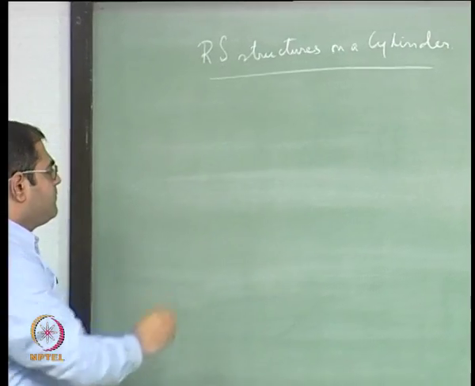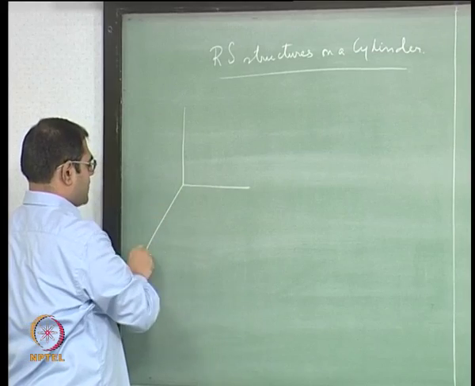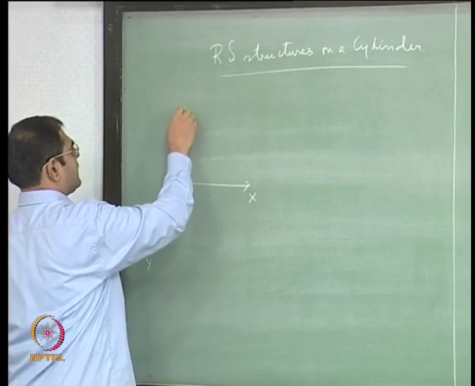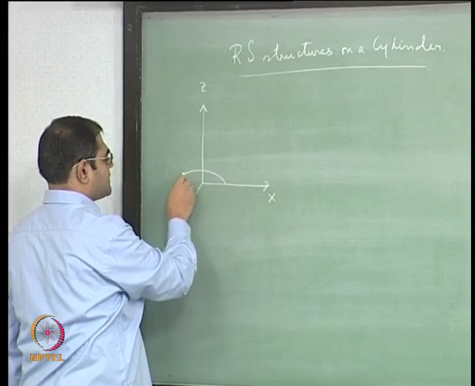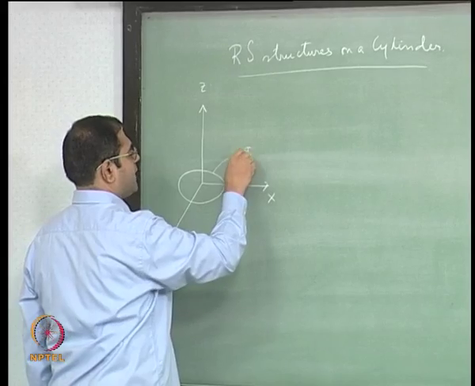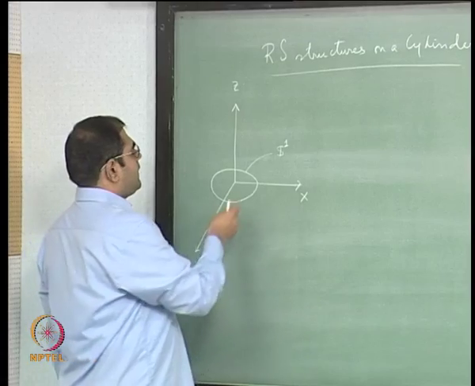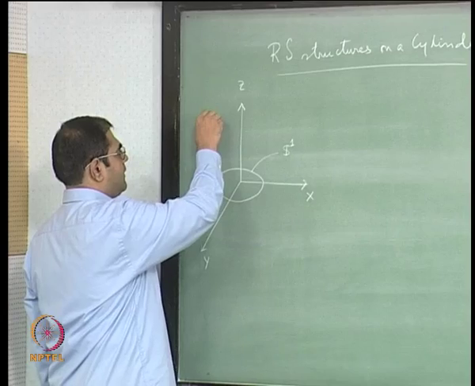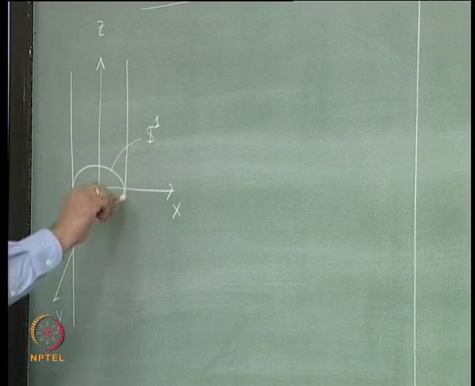So you see, we visualize the cylinder in 3-space as follows. These are the axes, and we have here the unit circle, which is usually denoted by S1, the one sphere, and then we have the cylinder with this as base and with axis parallel to the z axis.